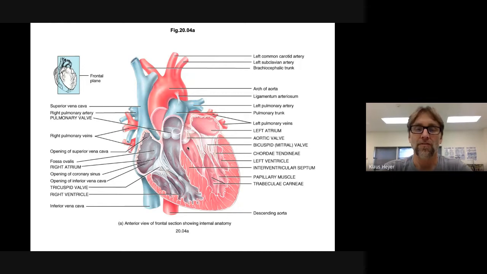So there's a left side, there's a right side. Now there's a top and a bottom, I guess we could say. There's parts of the heart whose job is just to receive blood, and parts whose job is just to ship blood out. I always think of it as a receiving department and a shipping department.